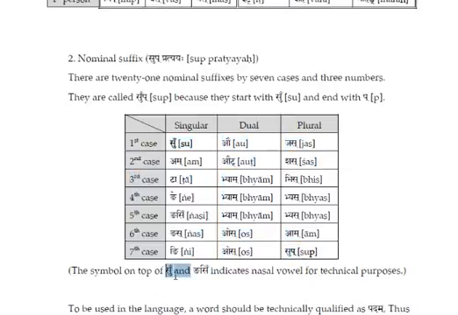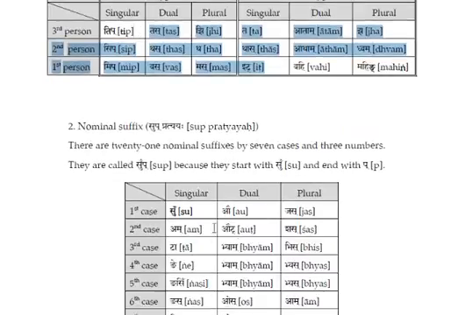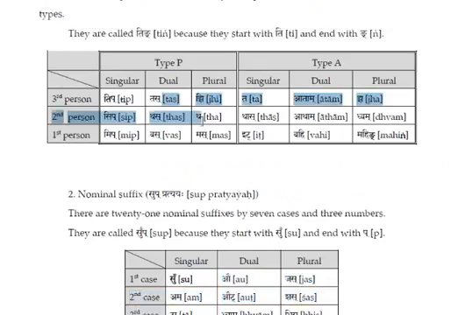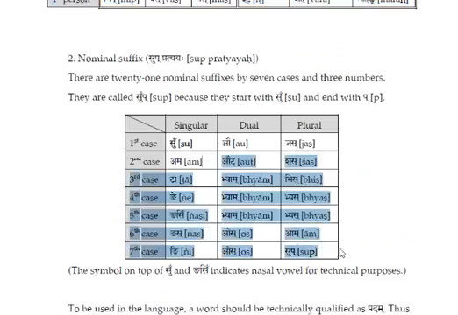The symbol on top of the nasal in sup indicates a nasal vowel for technical purposes. What is the technical purpose? We will see when we study sutras. So 18 verbal suffixes, the tin, and then 21 sup.